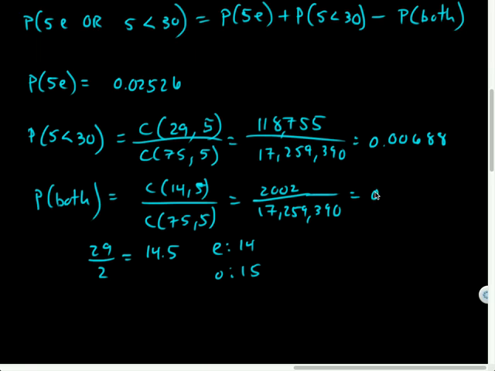Let's see, that's going to be 0.000116. So it's not that much. Not that likely of getting all evens less than 30, but that's what it would have been.